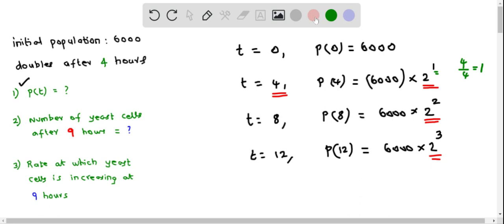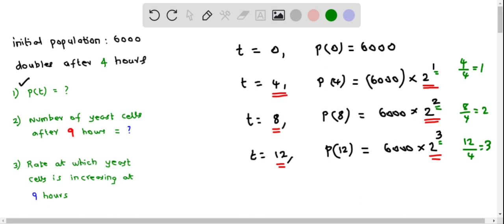And similarly, we find a relation for this one: when t equals 8, the power is 2, which means that is 8 by 4, and this equals 2. And similarly, for the next one, this is 12, and here it is 3. So this 3 can be written as 12 by 4, and this equals 3.